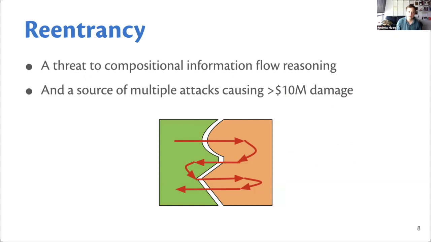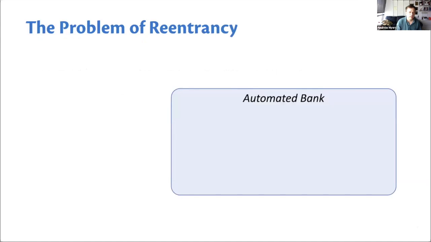So these are cases where we have information flowing back and forth between two or more contracts in a pattern that allows the security to be violated. So let's look at how reentrancy breaks things in a little bit more detail and see how, through the lens of information flow, we can understand what's happening.